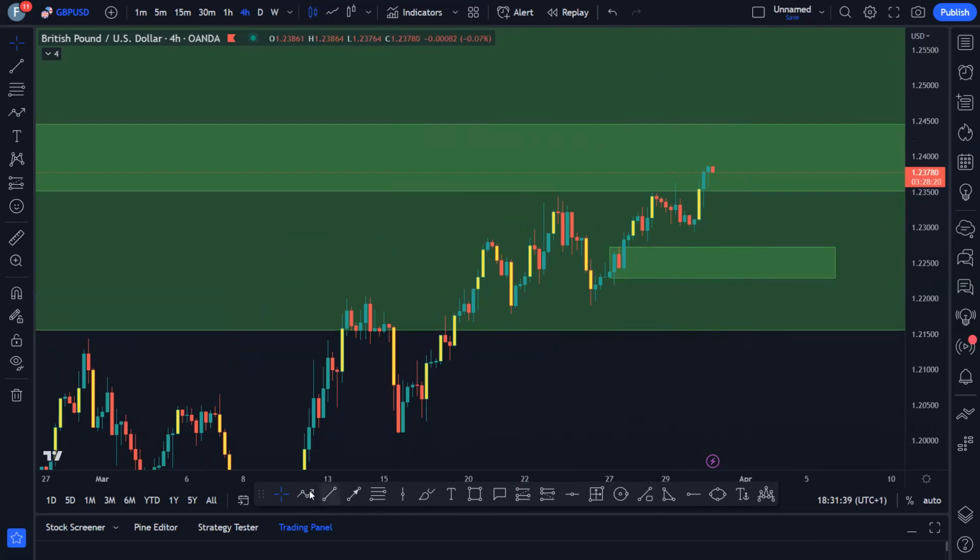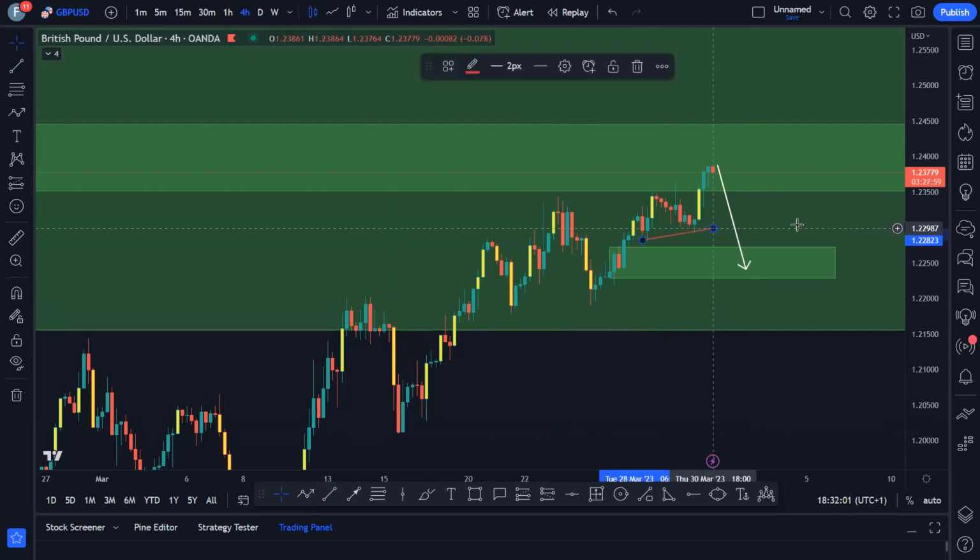So if price should retrace into this zone, I'm going to go on the 15-minute time frame, and I'm going to look for buying opportunities. All right, why am I also interested in buying in this zone? Because this demand zone can see inducements here.